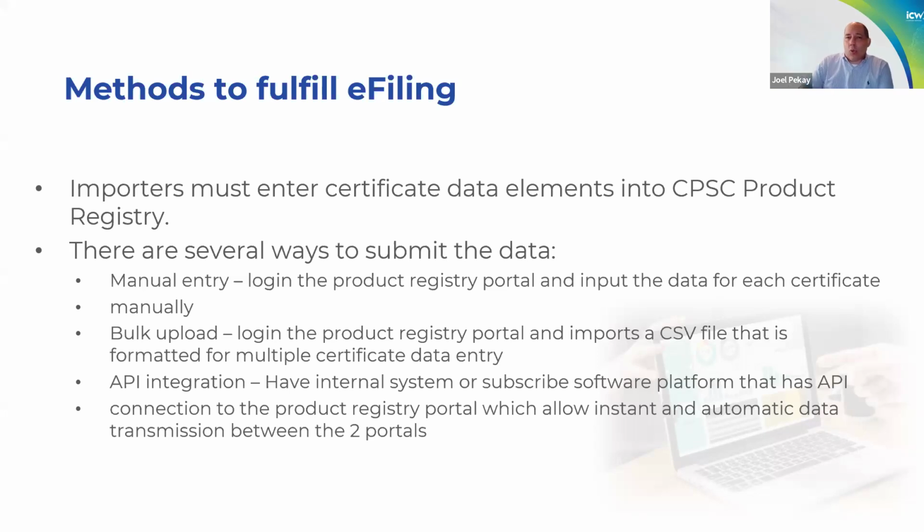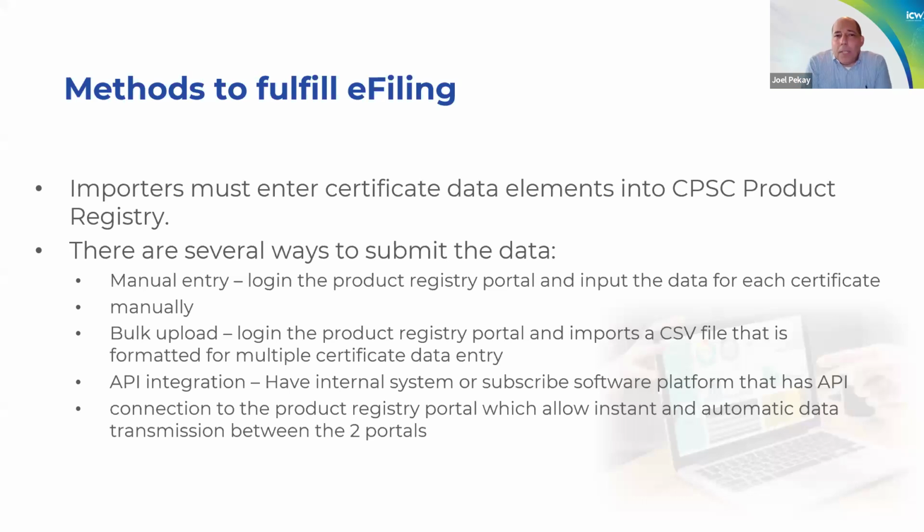So by storing all of your data in a platform such as ICW's, you can then directly conduct the e-filing by pushing the data out through the API. So three different aspects.